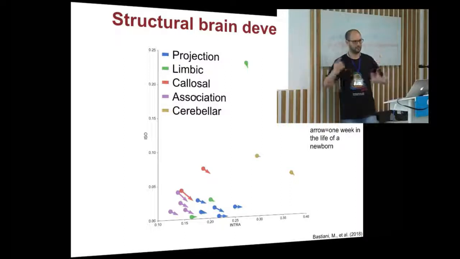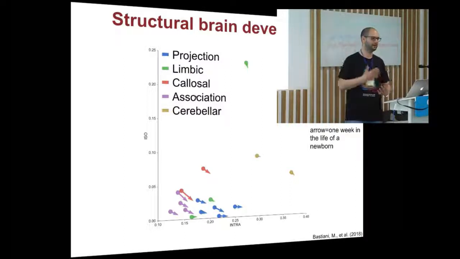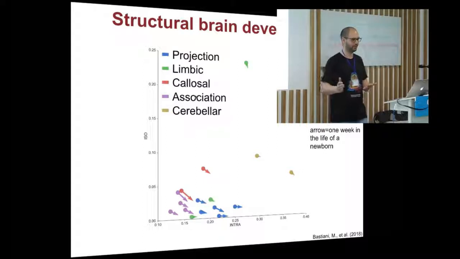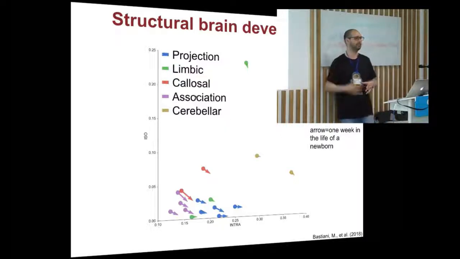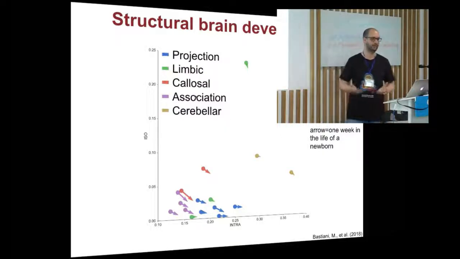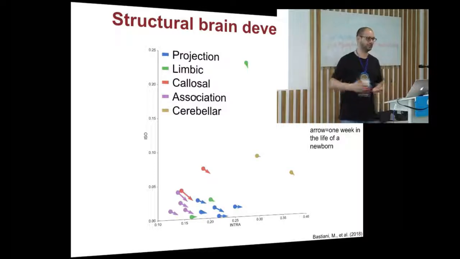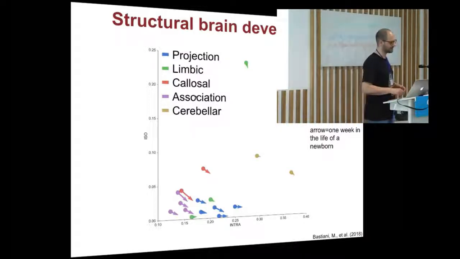So different brain networks, different brain systems develop at different time points during early development, right? The main ones, of course, develop earlier, so motor and sensory networks develop at an earlier stage, and association areas are connected and myelinated at a later stage of development.